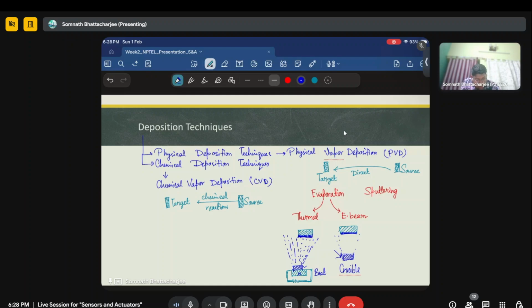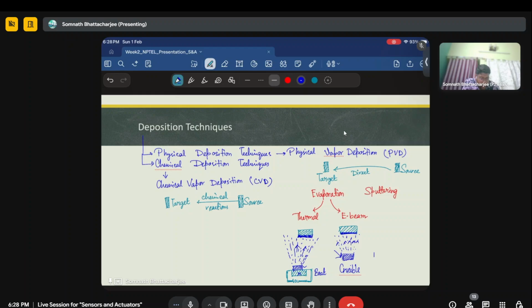It creates a flow towards the sample, and there's a deposition of this material onto it. So both techniques are similar, but if your material's melting point is much higher than the boat's melting point, you will need to use e-beam, and that is much costlier than the normal thermal evaporation technique. Now in sputtering, let's brief that a little as well.